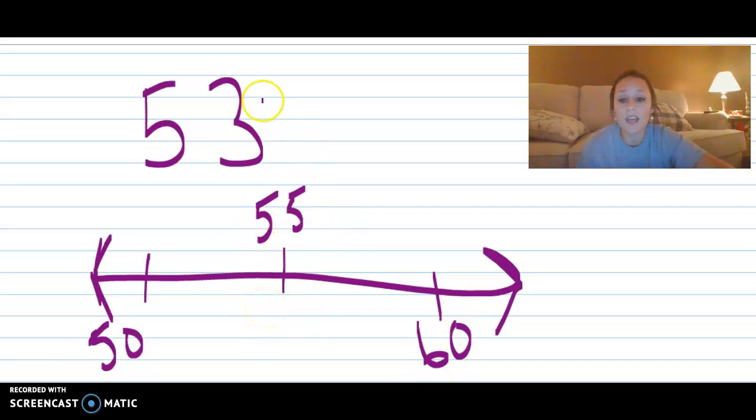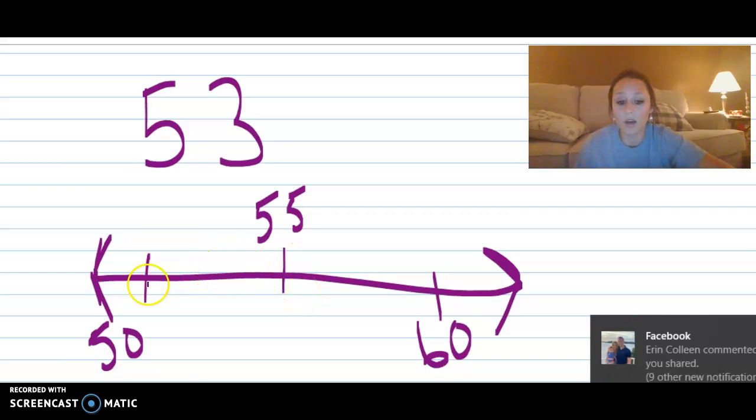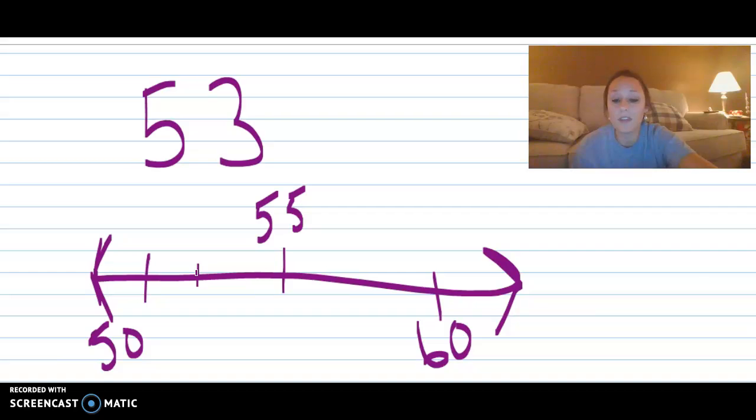And we have to think, is 53 less than 55 or is it greater than 55? And on our number line, 53 is going to be over here. So that means 53 rounds down to 50.